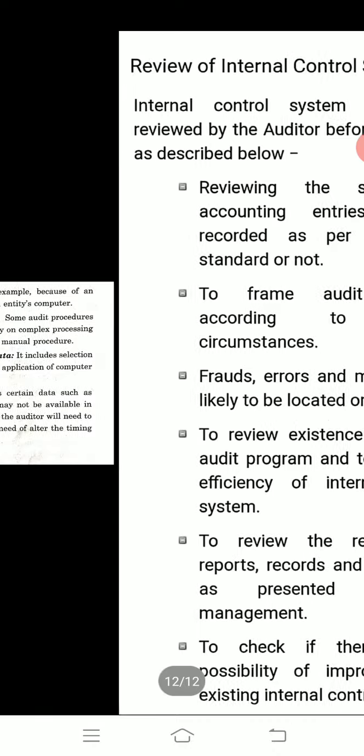Some of the data will be available only for a short time, and when the auditor needs it, it will not be available in machine readable form. So the auditor needs to make arrangements for the retention of the required data, and may need to alter the timings. That is about the factors to be considered by the auditor in case of CAT.